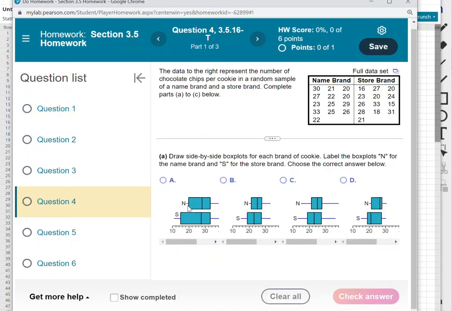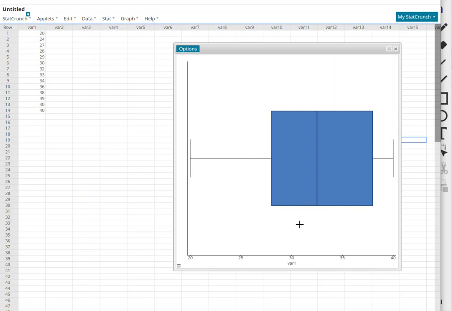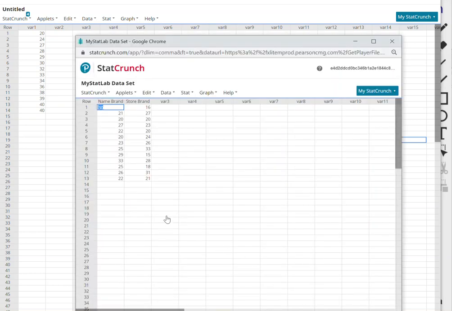All right, so I want to show you something. Notice the name brand, they're using N, and the store brand, they're using S. And what you'll find, let's go back to our data. Let's see, it's this one here. Let me make this just a little bigger.